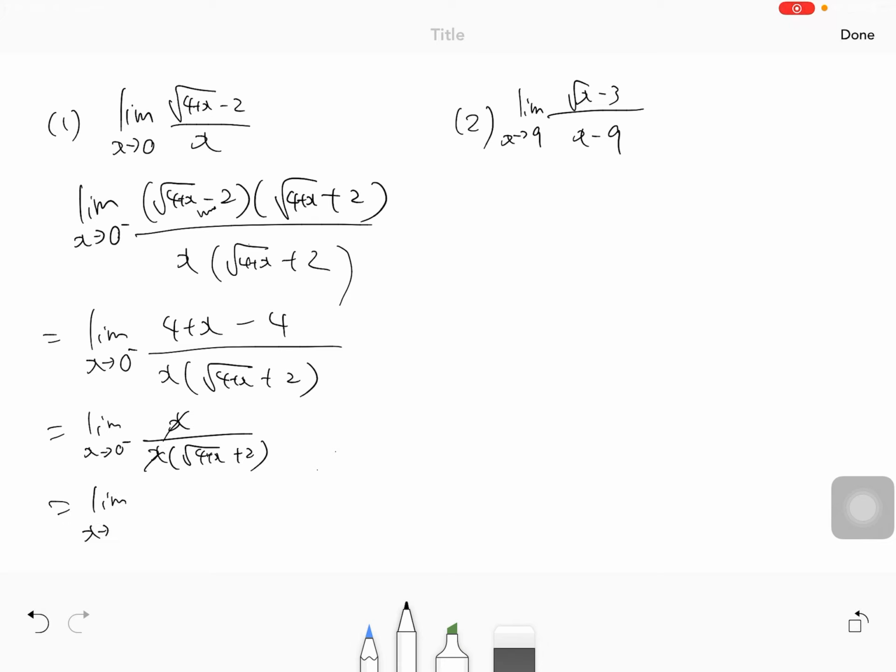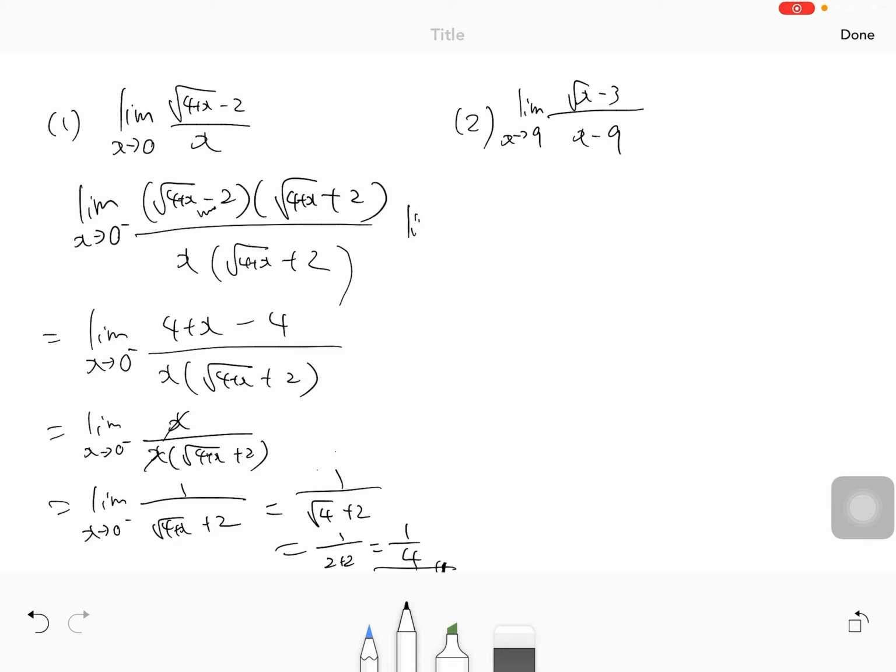Then it's going to be 1 over square root of 4 plus x plus 2. Now you can actually plug in 0 into here. 1 over square root of 4 plus 2, which is 1 over 2 plus 2, is equivalent to 1 over 4. That's how you find it.